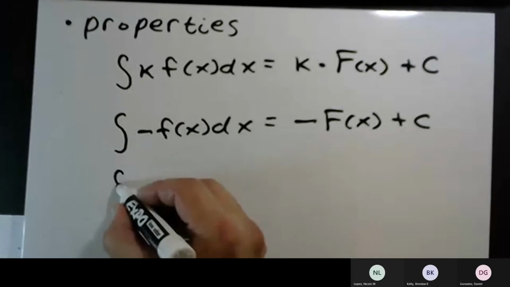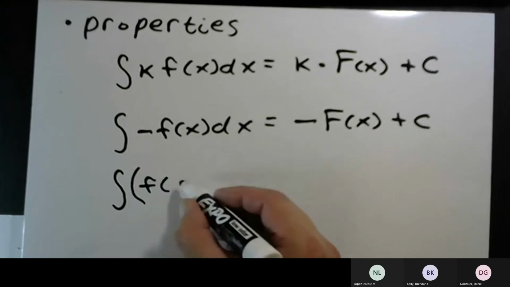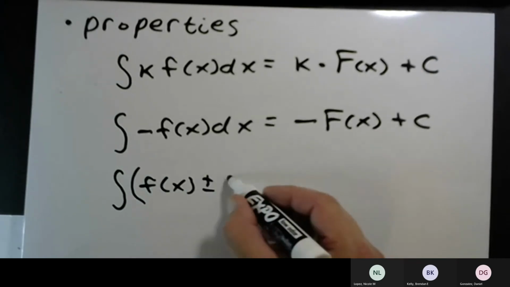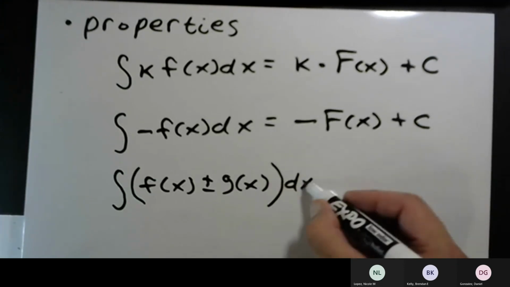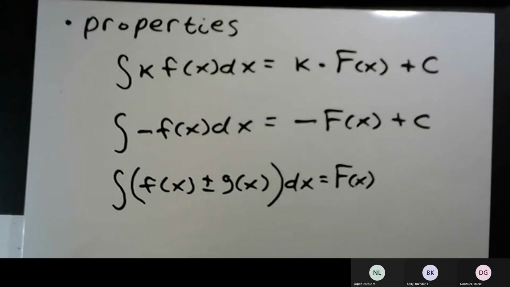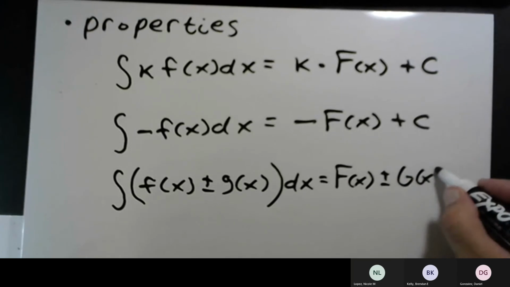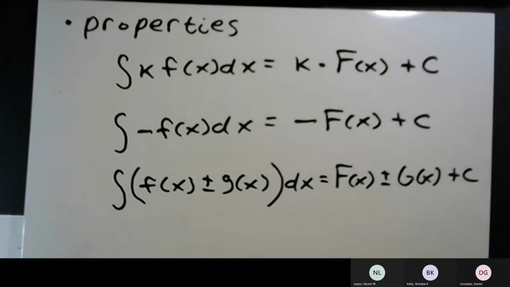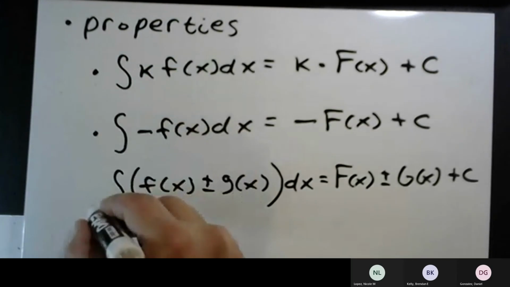And likewise, if you have the antiderivative of f of x plus or minus g of x, it will be capital F of x, the antiderivative, plus or minus the antiderivative of g plus c. I'll put little dots here because they're individual properties.